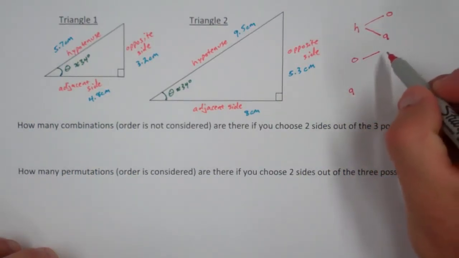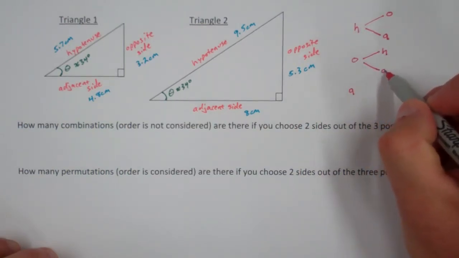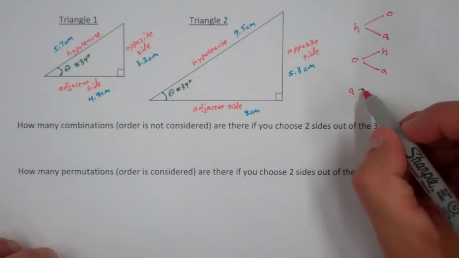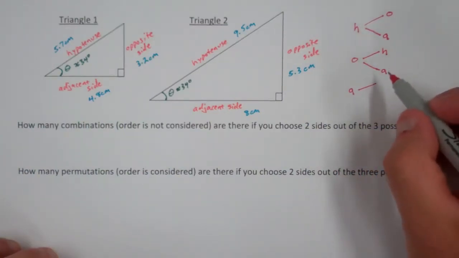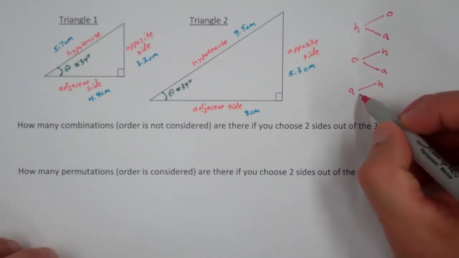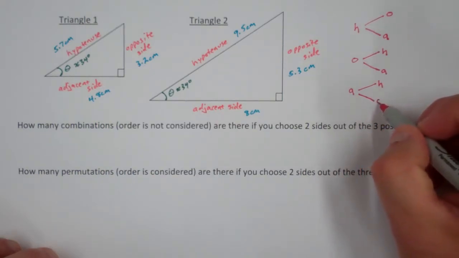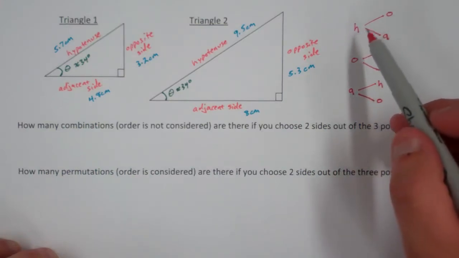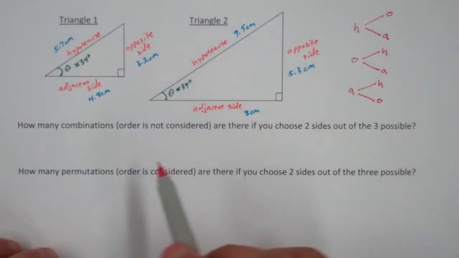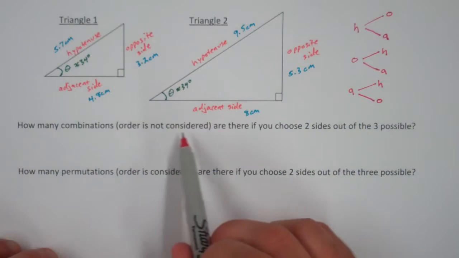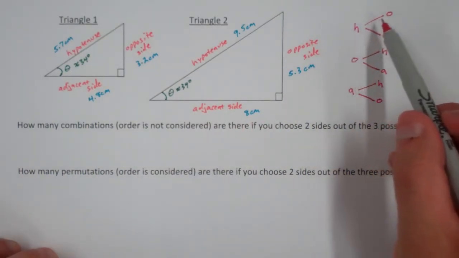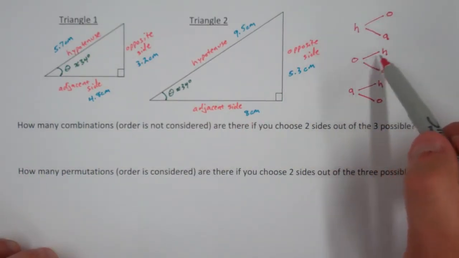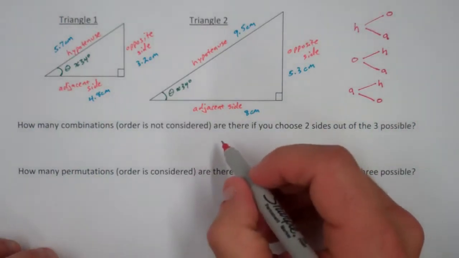And then for opposite, you could do the hypotenuse next or the adjacent. And then here you've got hypotenuse, and then also you've got the opposite side. So if we look here, we've got 6 total possibilities, but here we say that order is not considered. So hypotenuse and opposite is going to be the same as opposite and hypotenuse. So we'll just count that once.